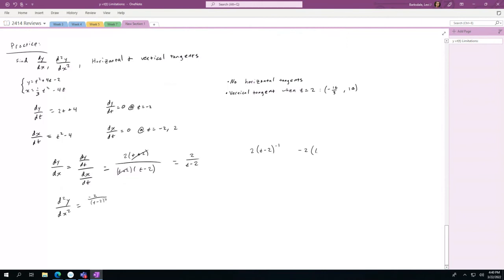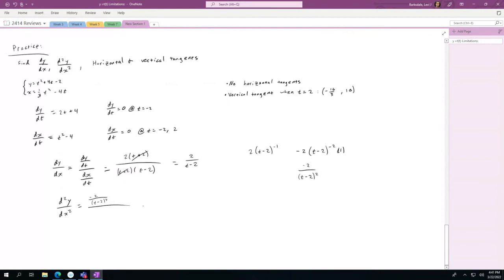That gives me -2 times t minus 2 to the -2 times the derivative of the inside, which is 1, and thus -2 over t minus 2 squared. And of course, I need to divide by my x derivative once more, so t squared minus 4 again. Now cleaning this up a bit, I have -2 over t minus 2 cubed times t plus 2.